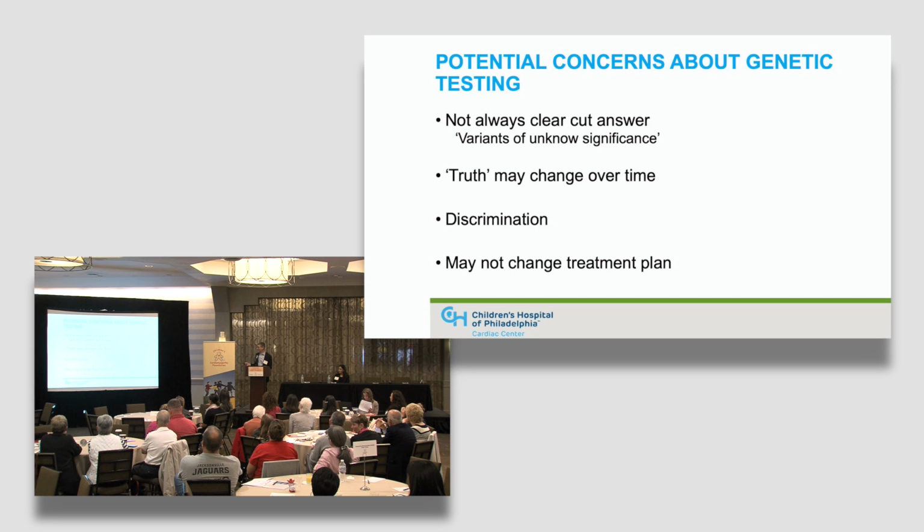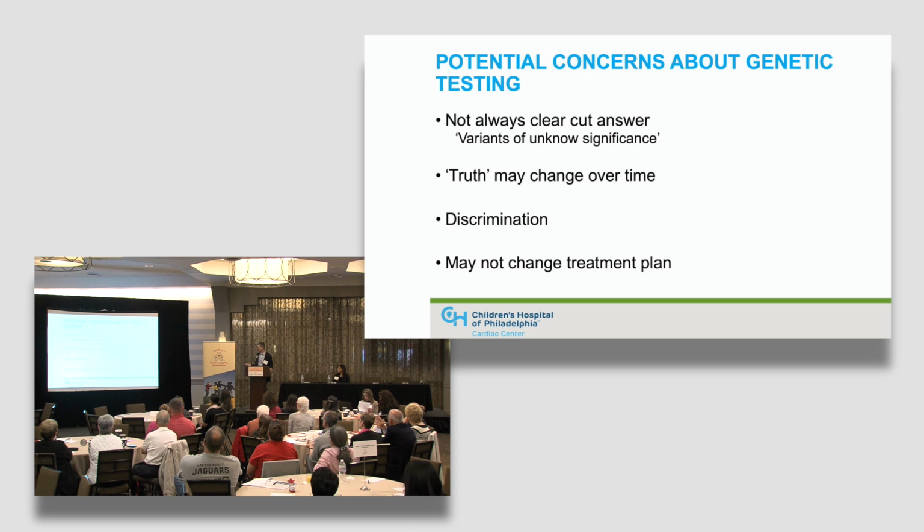And sometimes what we think is the truth changes over time. And we think we found some abnormality and we think that's causing the problem. And 10 years later, we think, well, maybe it's more complicated than that. So, we do evolve over time. And I wouldn't say that's unique to genetic testing. That's true in medicine and maybe everything in life. Hopefully, we do learn more over time about things.